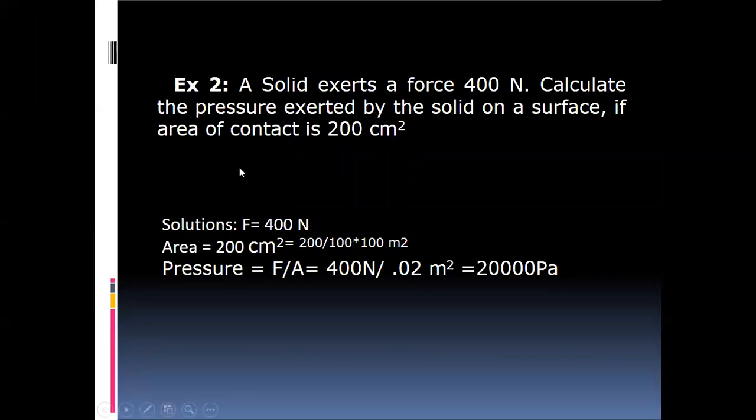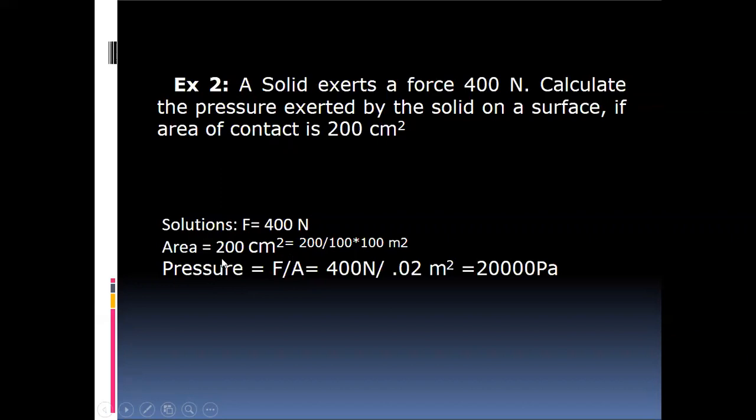on pressure. A solid exerts a force of 400 newtons. Calculate the pressure exerted by the solid on a surface if the area of contact is 200 centimeter squared. Solution: force is equal to 400 newtons, area is 200 centimeters squared.